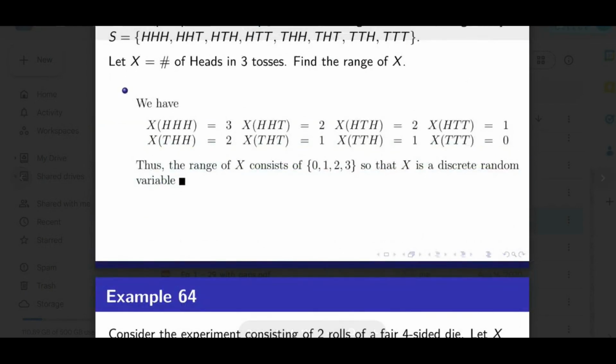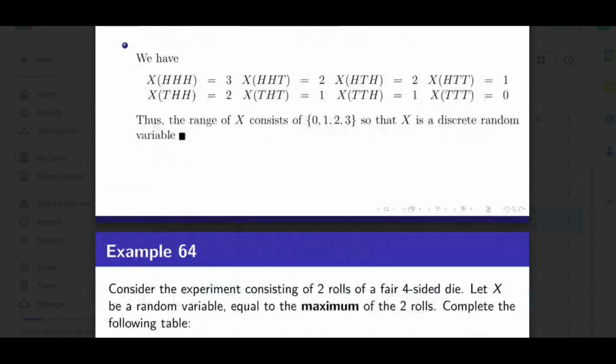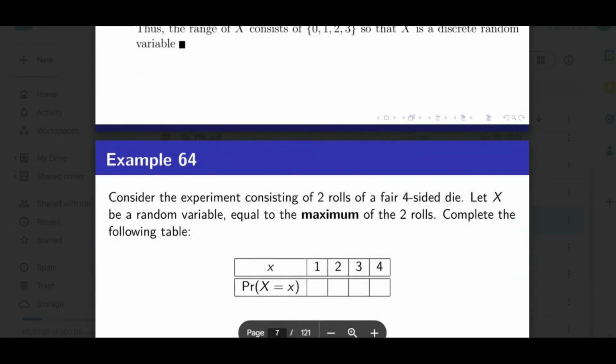Example 64 may be something a little bit nicer to talk about. And you can give it a try, all right? Okay, let me ask you to do this.